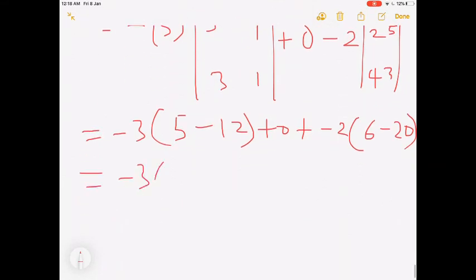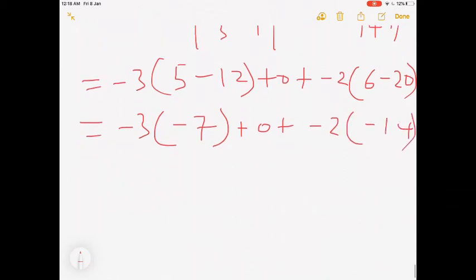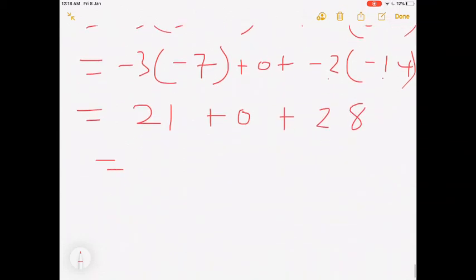Minus 3 times minus 7, plus 0, plus minus 2 times minus 14. I hope I got my calculations right. I have 21 here plus 0 plus, that's going to be positive, so positive 28. And the determinant of this matrix is going to be 49.